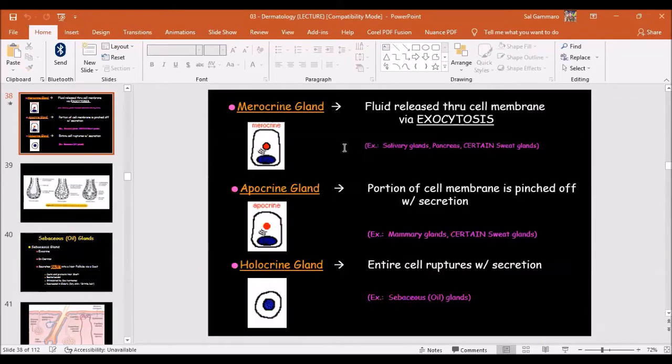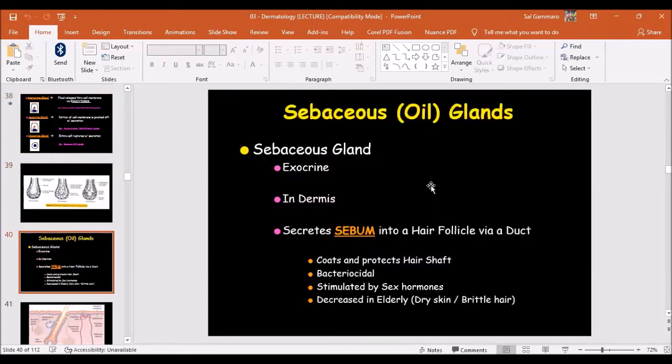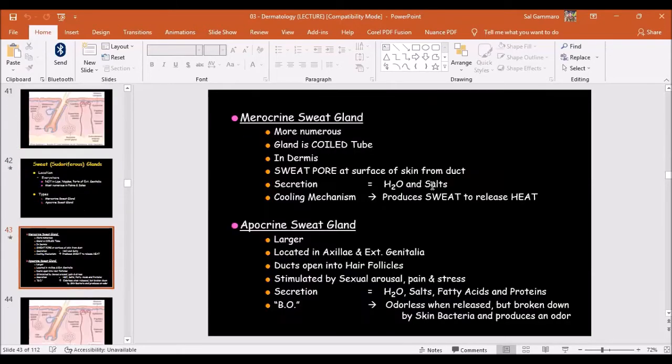So here I'm saying the eccrine is in certain sweat glands. I'm not saying which ones, but then when I start talking about this one, that's 43. On the slide itself, it specifically says parts of the external genitalia.